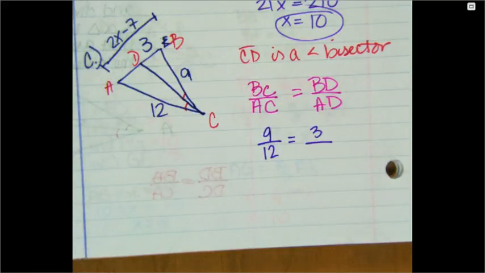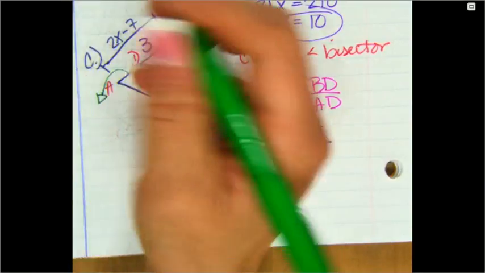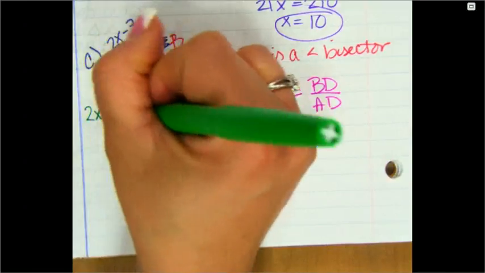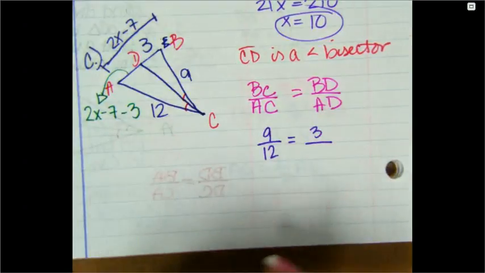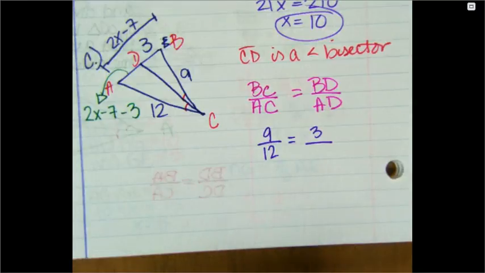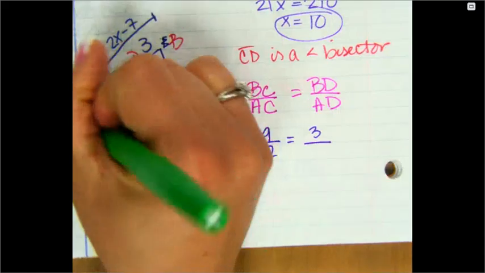What's the whole thing? 12 minus 3. So if I'm going to go 12 minus 3, what am I going to do here? 2x minus 7 minus 3. So what's 2x minus 7 minus 3? 2x minus 10.